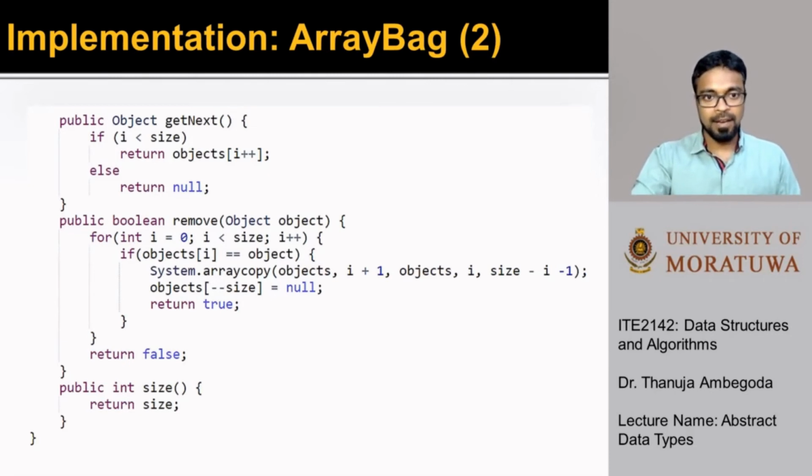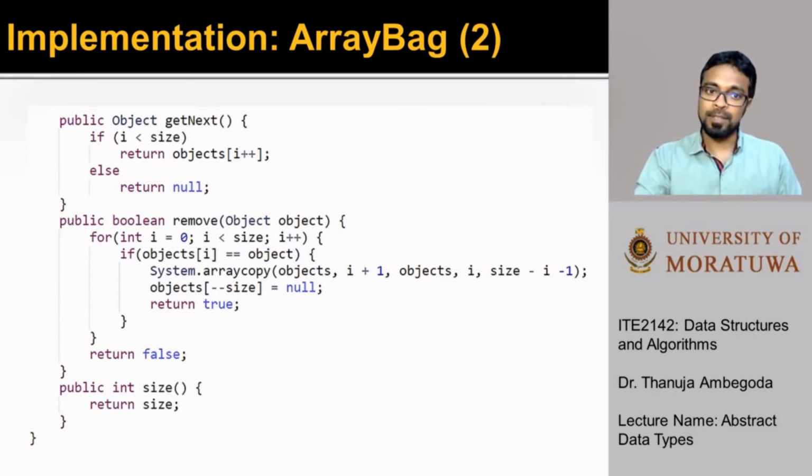Then we have the remove method, public boolean remove. It takes an object as the argument. With this for loop, it iterates inside the array of the array bag. Whenever it finds the first match to the input object, it removes the object from the array and reduces the size of the array by 1.